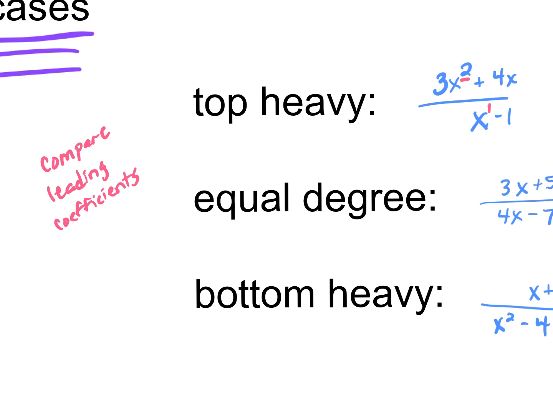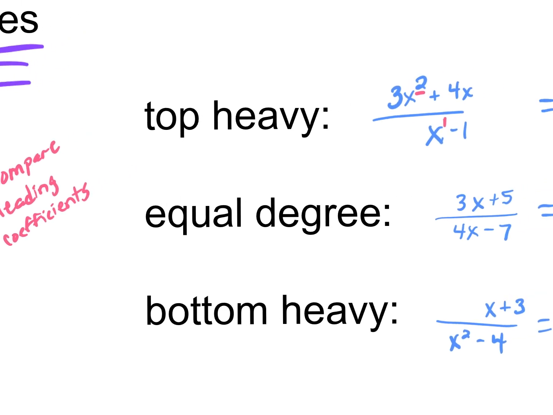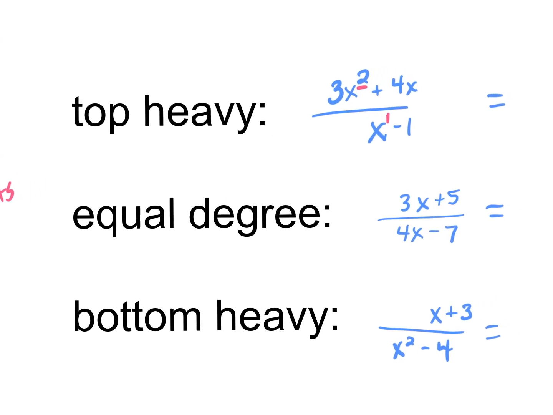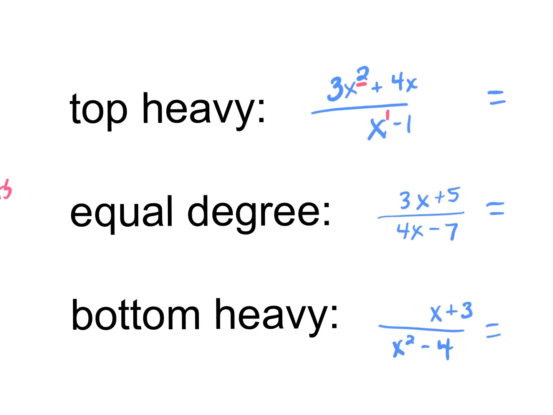So I want to compare the leading coefficients, but if I'm going to compare the leading coefficients, I need to be able to compare the same degree in both the numerator and the denominator. So if we're in the situation where we're top heavy and we have an x squared, even if it were x cubed, whatever, if the degree is higher, then we want to rewrite the denominator so that it has the same degree, but we need that placeholder.